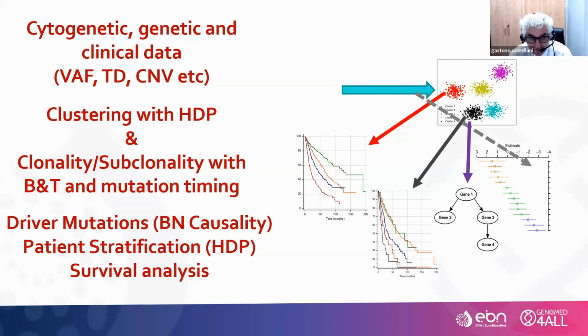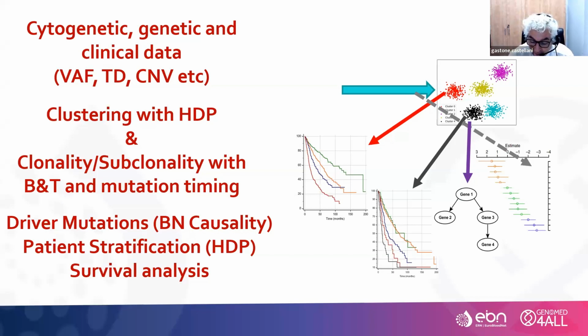This is true for MDS, but also for acute myeloid leukemia. By the way, myelodysplastic syndrome in the worst scenario can generate acute myeloid leukemia, so it's very important to be able to predict the transition from myelodysplastic syndrome to leukemia.